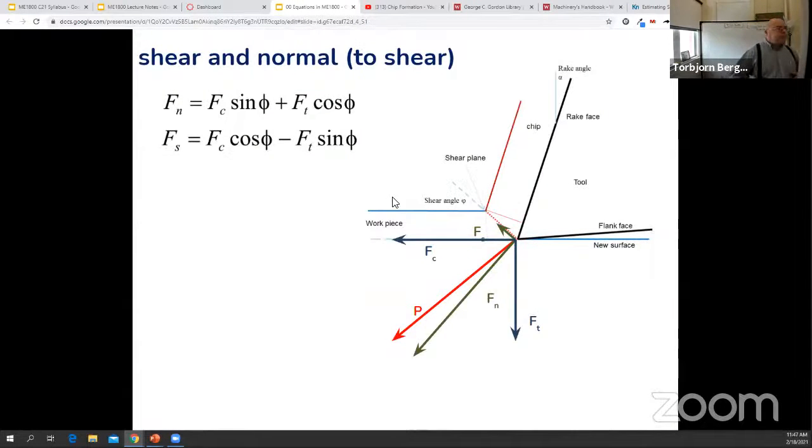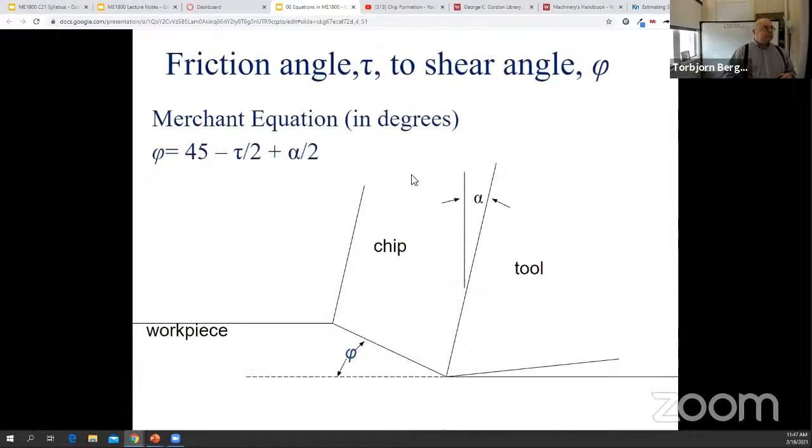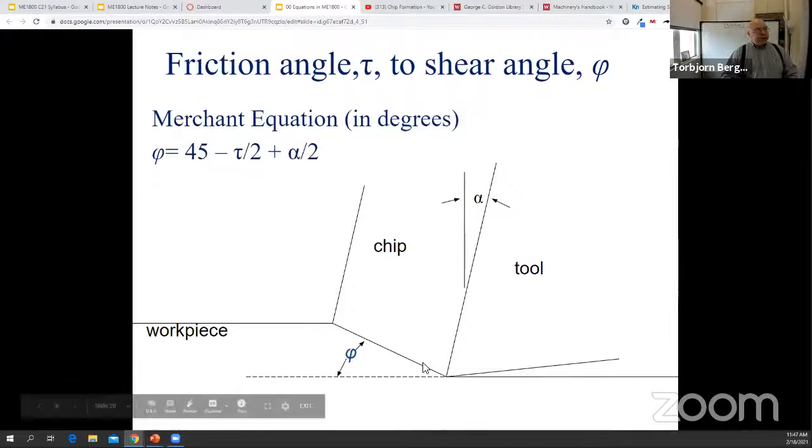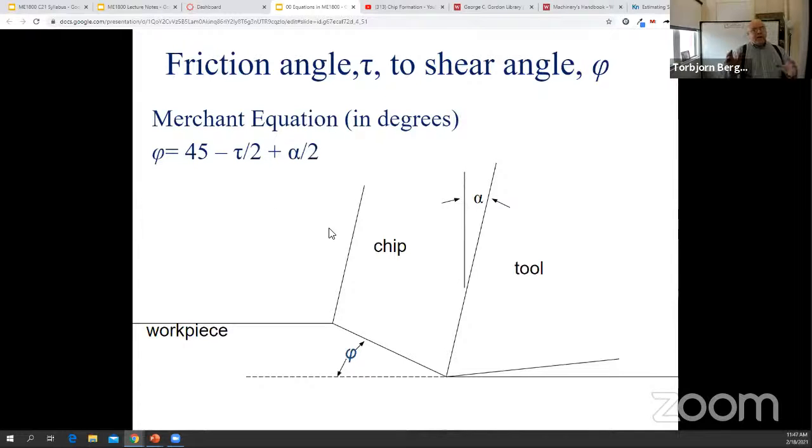And there's this guy named Merchant that figured out experimentally that the shear angle is also related to the friction angle and the rake angle. And so we can convert from one system to another.